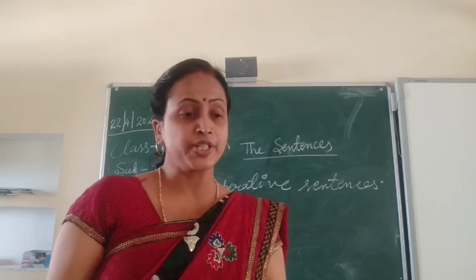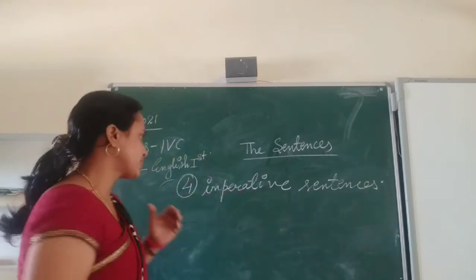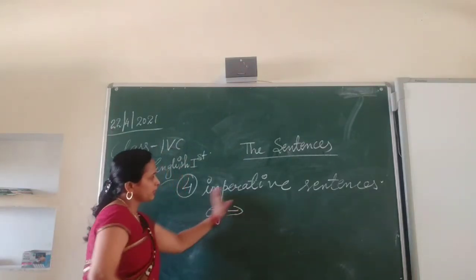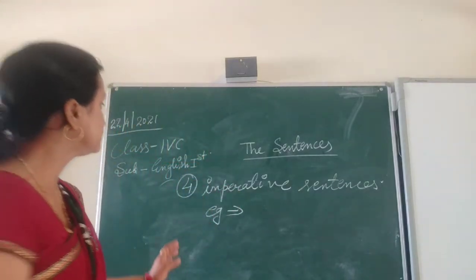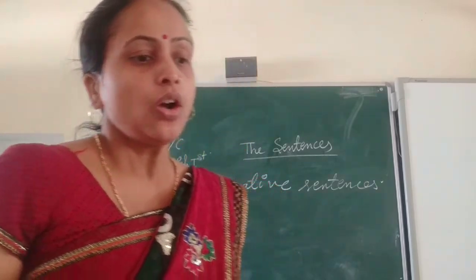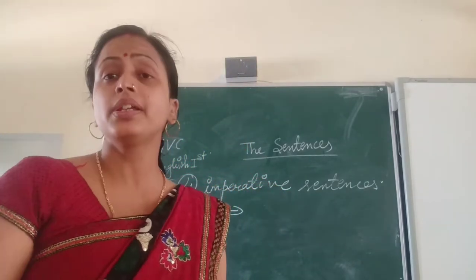How it expresses an order or request, we will see by the example. First we will understand by the example. Here is an example of an imperative sentence: "Come here." You are giving an order.